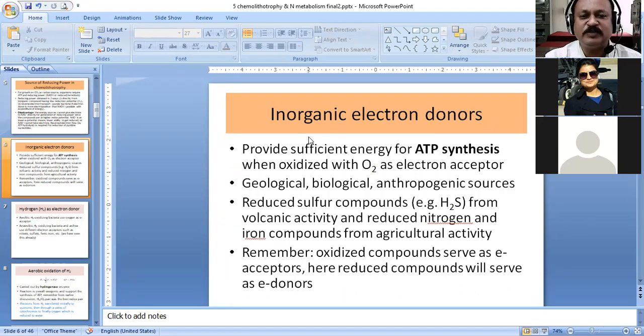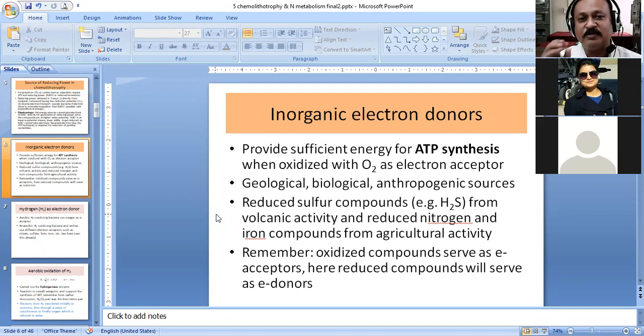Then we come to this point, that is the electron donors are inorganic. And these electron donors are such that they can usually provide sufficient energy for ATP synthesis. That is especially when oxygen is the electron acceptor, then we can understand that the maximum amount of energy can still be obtained, even if the electron donor is not a water molecule.